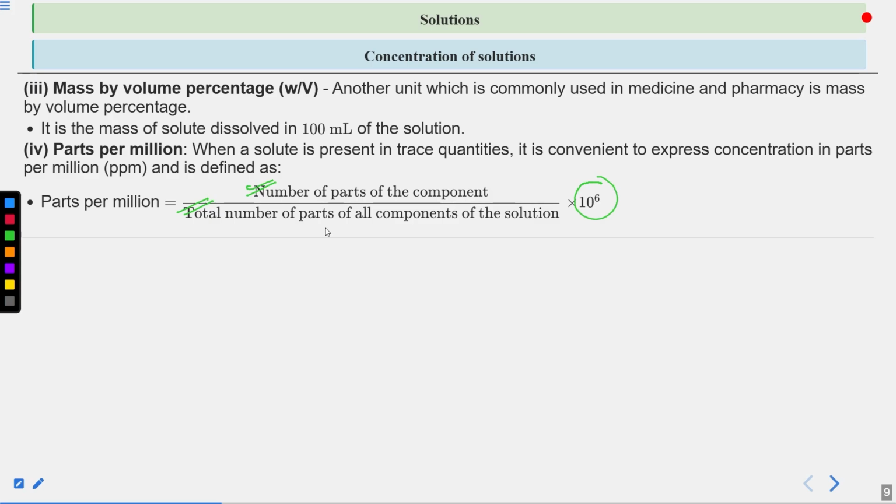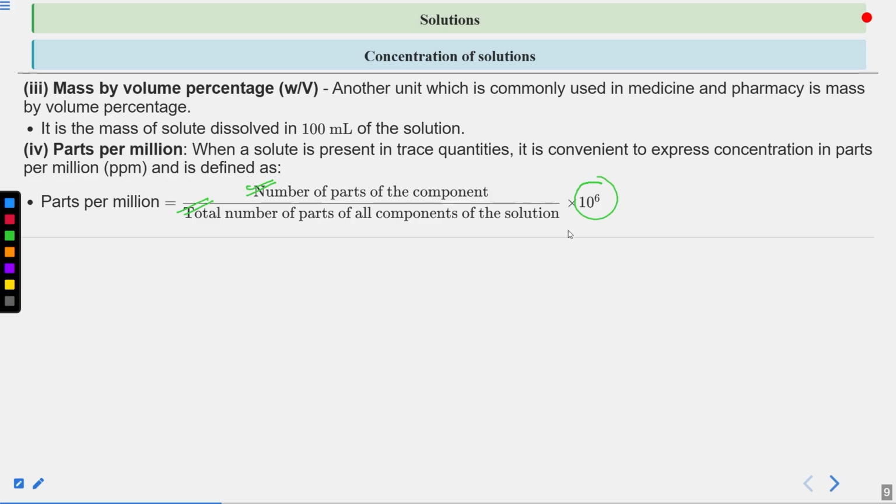Suppose you have 100 ml of the solution, in which we have 10 ml as the solute and 90 ml as the solvent. Then what is the parts per million of the solute? It will be 10 by 100 multiplied by 10 to the power 6.